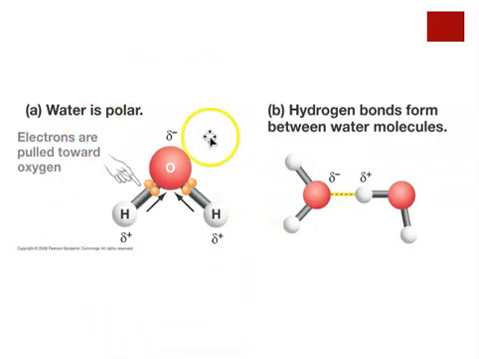And we create this partially charged polar molecule. Now, what happens when you bring a bunch of water molecules together? You bring a bunch of molecules that contain partial charges together, and you get hydrogen bonding. The partially negative oxygen atom will be attracted to, drawn to, the partially positive hydrogen atom of another water molecule.